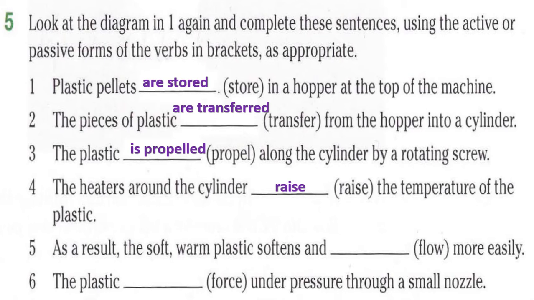Present simple active, raise. Number 5. As a result, the soft, warm plastic softens and flows more easily. The last step, the plastic is forced under pressure through a small nozzle. Good.